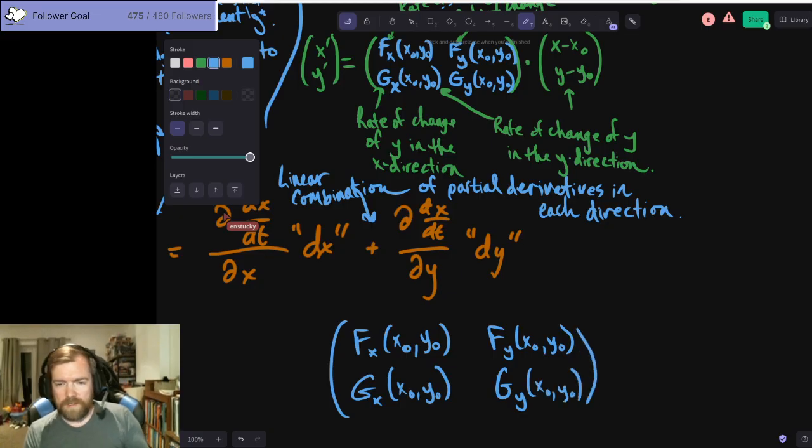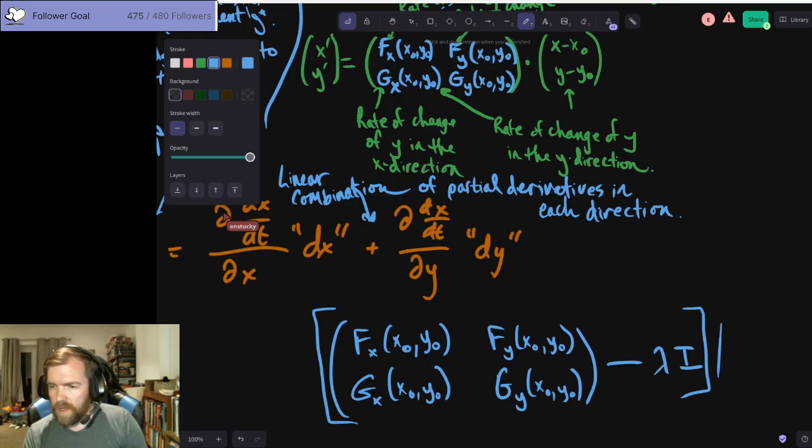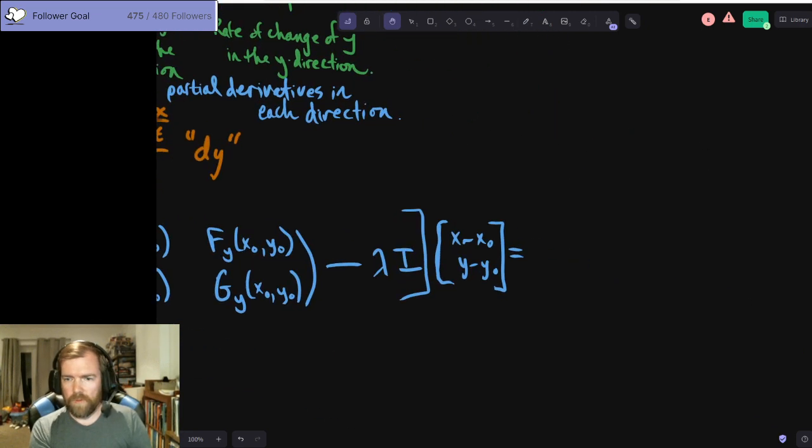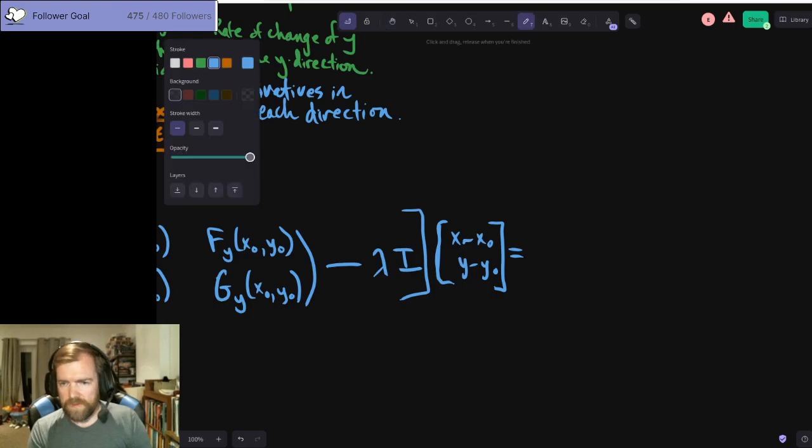And take it and subtract our lambda I, and again we say that this is going to be our x minus x0, y minus y0, and we want this to create a linearly independent system, so it's got to be equal to our 0 vector.